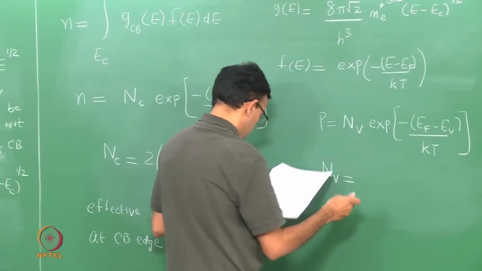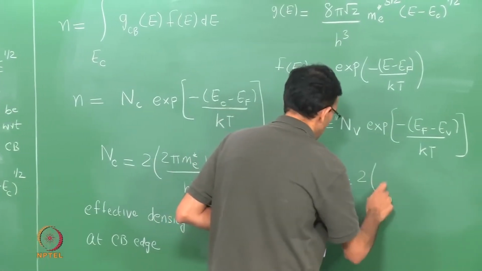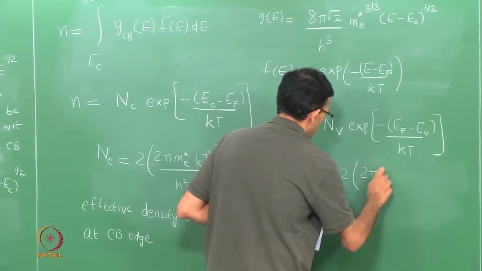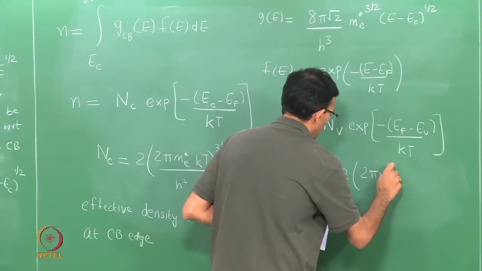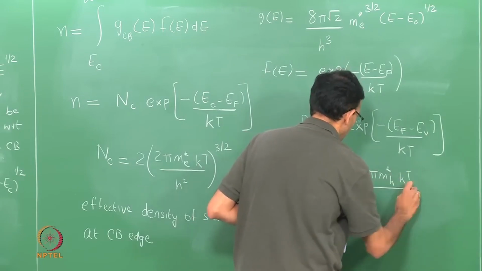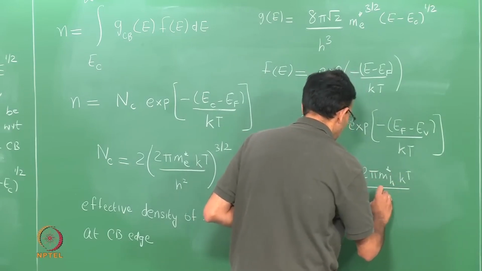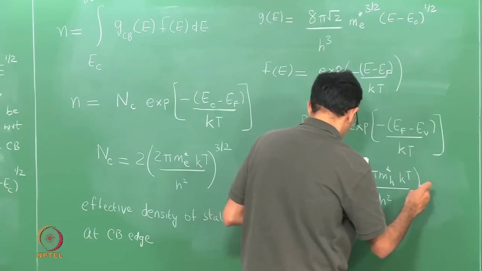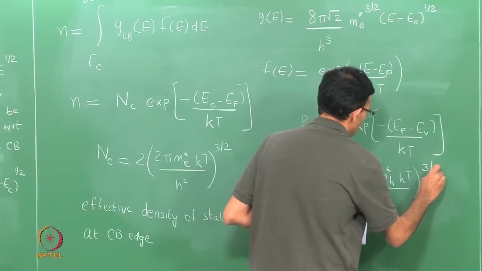Nv is 2 times (2 pi m_h star kT over h square) whole power 3 over 2, instead of m_e.